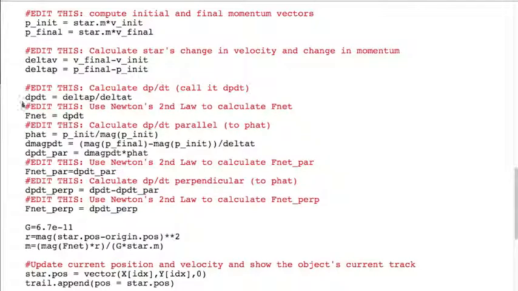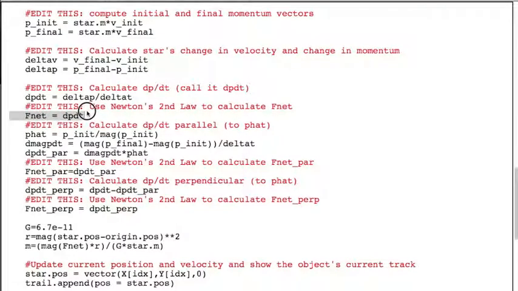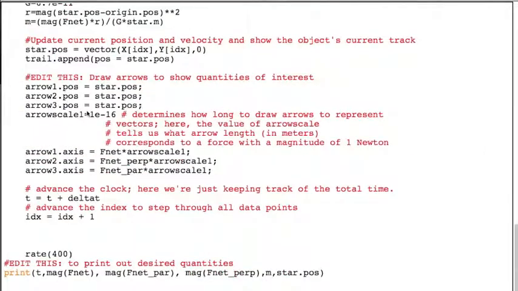The most essential part of this code is this line here, which equates the net force to dp dt. At the bottom of my code, I placed inside the print statement the magnitude of the net force.